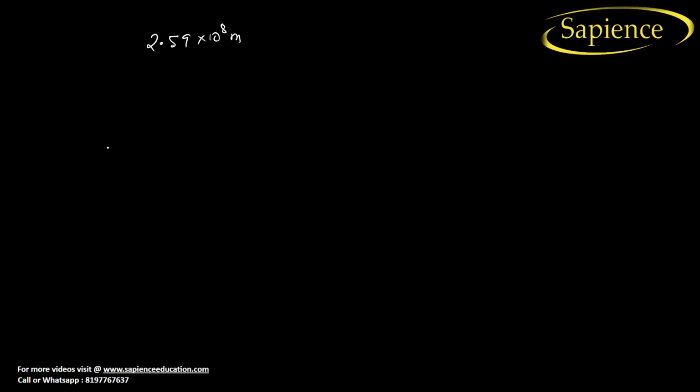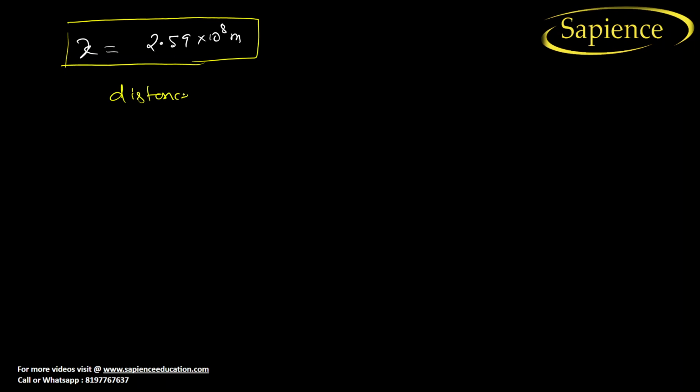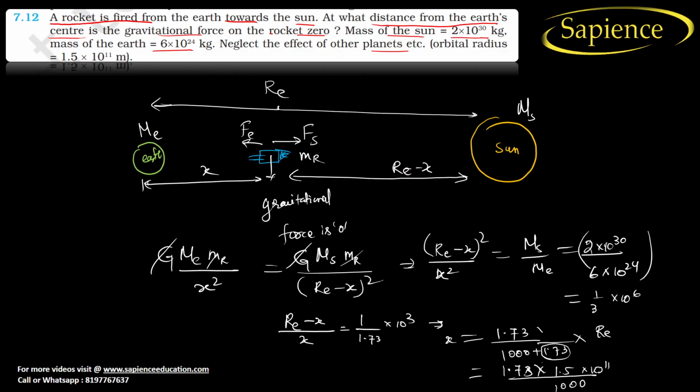So finally, x is the distance at which the rocket has zero gravitational force. I hope you have understood all the process.